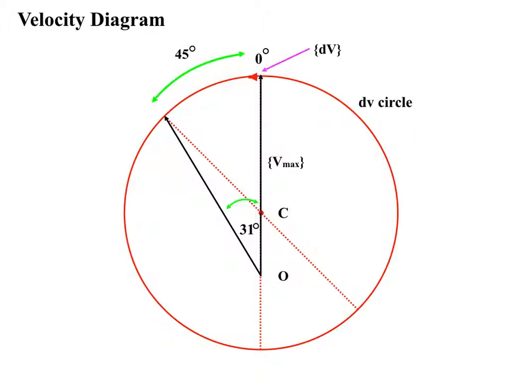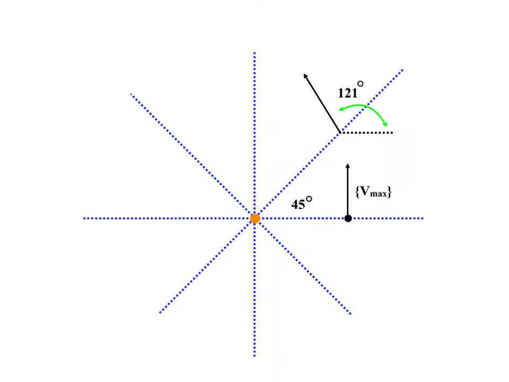So let's move this vector that we just made over to the position diagram, and let's put its tail right on the 45 degree azimuthal line. The only problem here is we don't have the r coordinate because r is not a constant.